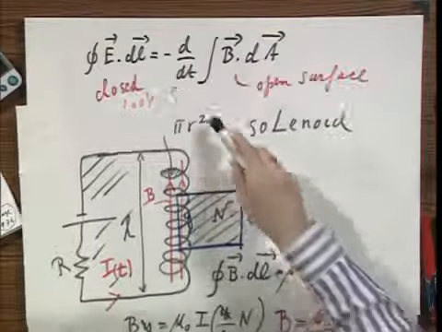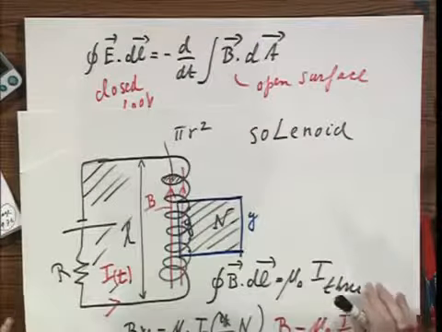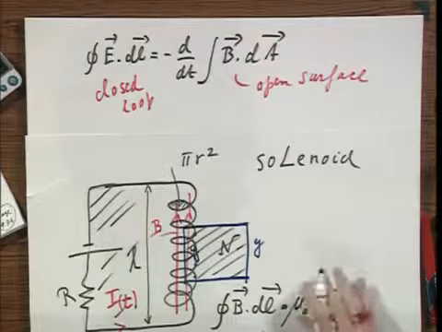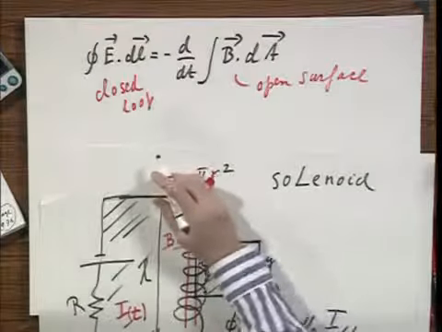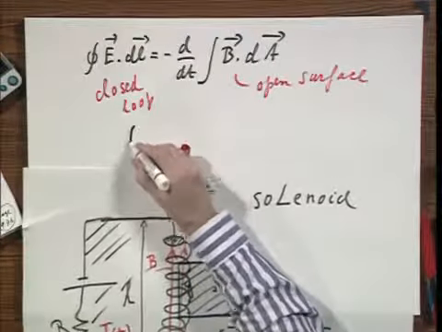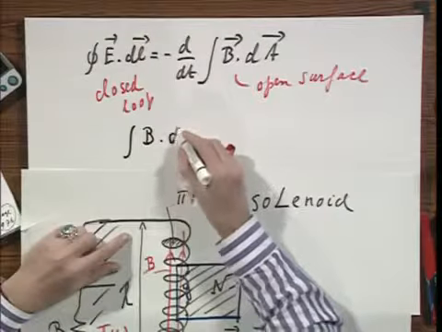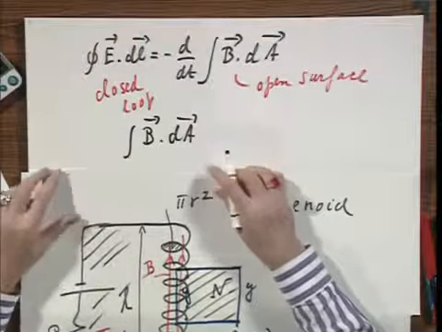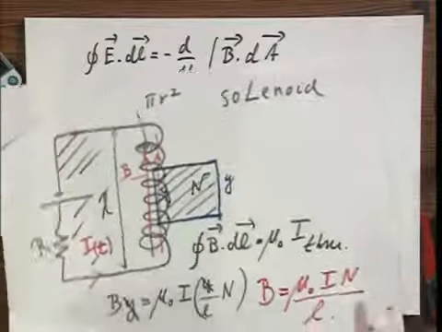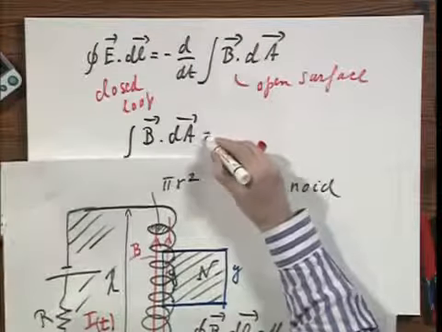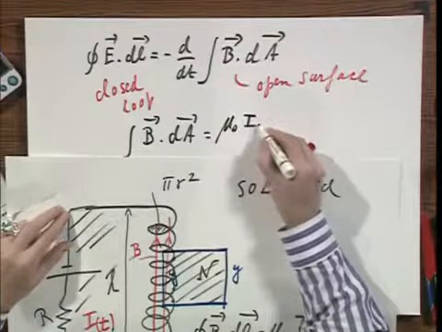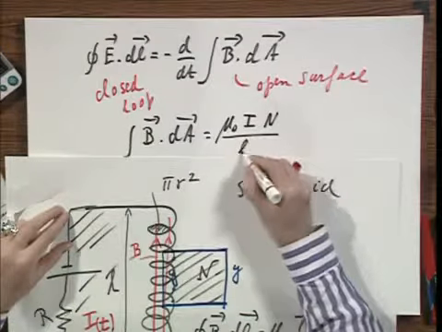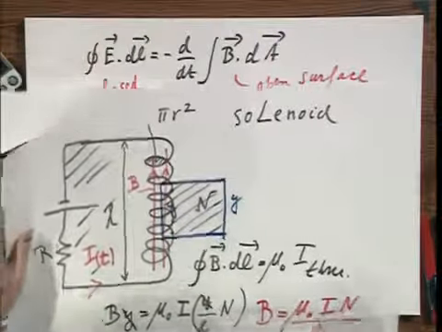And so what now is this term? Well, the integral of B dot dA over that open surface, that staircase surface, first of all is B itself. So that is mu 0 times I times n divided by L as a start.